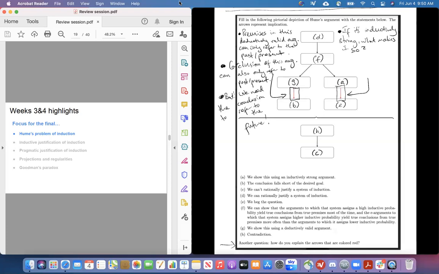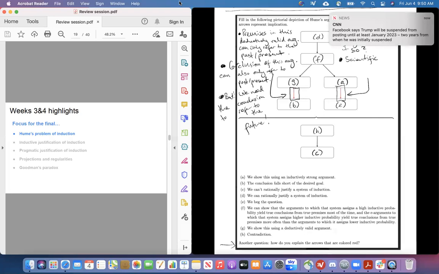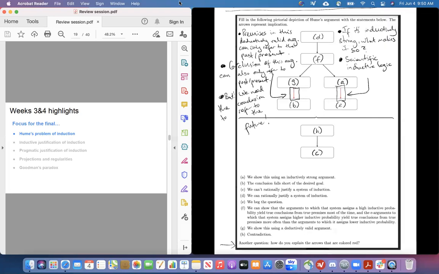What makes it so? And you would want to reply something like, scientific inductive logic says it's inductively strong, of course. And what's happened? Well, you've used the reliability of scientific inductive logic to justify the reliability of scientific inductive logic. This is the very thing, remember, that we're trying to justify.